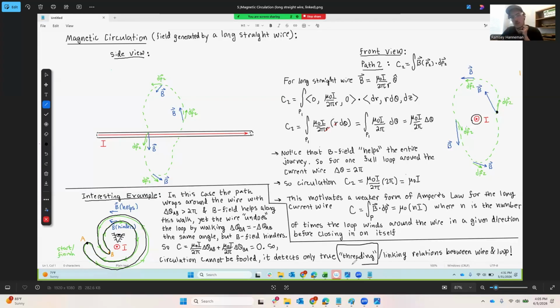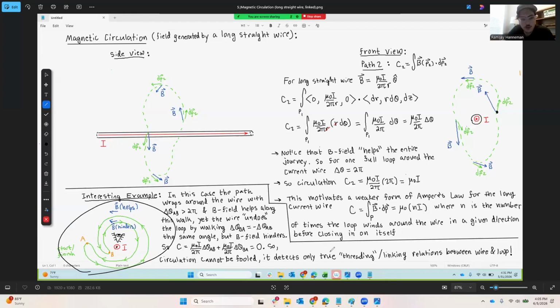So that's what we're going to call this. When the current pierces that loop, we call it a threading event or a linking relationship. And in the case I have drawn over here, do you think the wire is threaded or linked by the current? Over down here on the left.